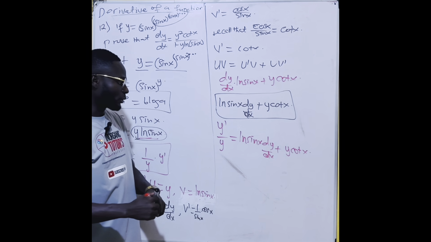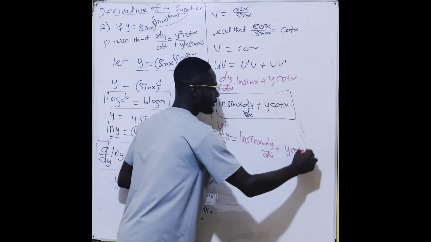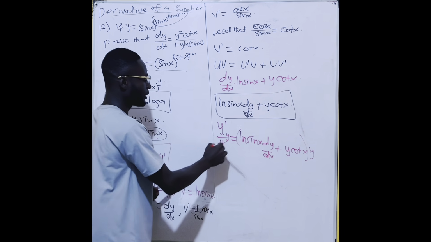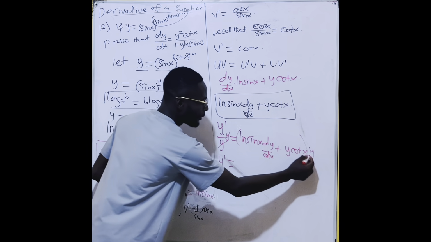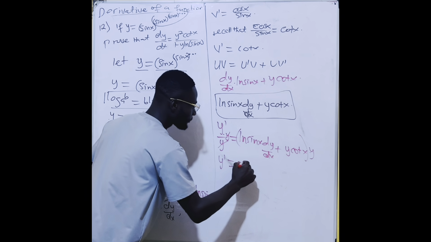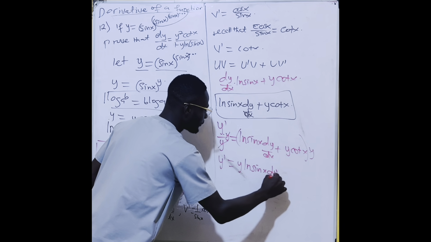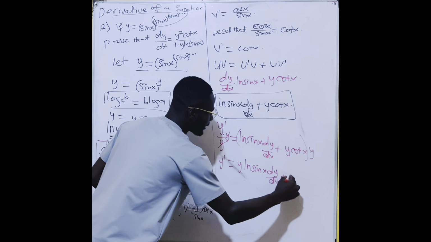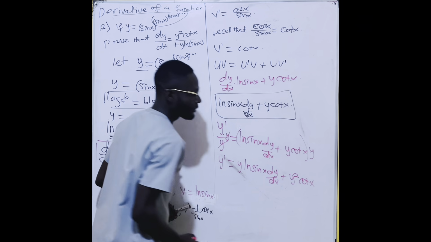Okay, so we have to avoid this here. So we multiply here by y, multiply here by y. So this takes off this, and we have y prime to be equal to, let's spread the y throughout the brackets. So we're going to have y ln sine x dy/dx plus y squared cot x right here.